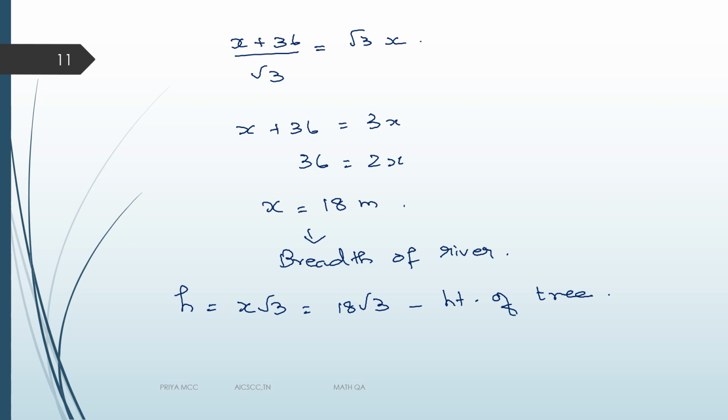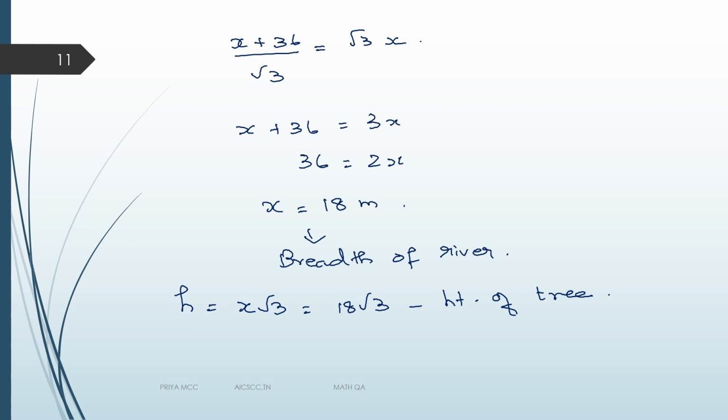Now see this problem. You are estimating how wide the river is just by looking at some object there. That is the main application of trigonometry. By looking at the object, where are you measuring this angle 30 and 60? At your site, at your point. The observer is looking at an angle of 30 degrees, and then at 60 degrees.